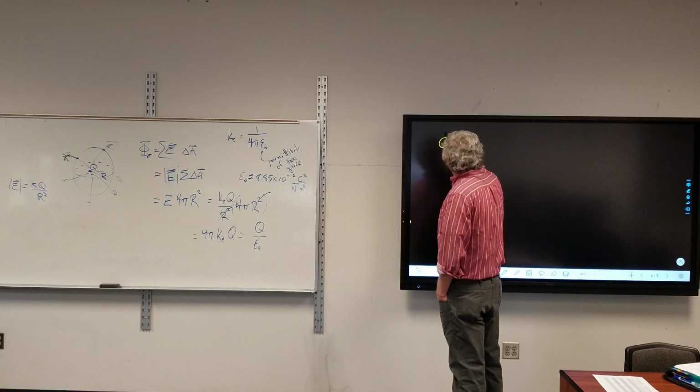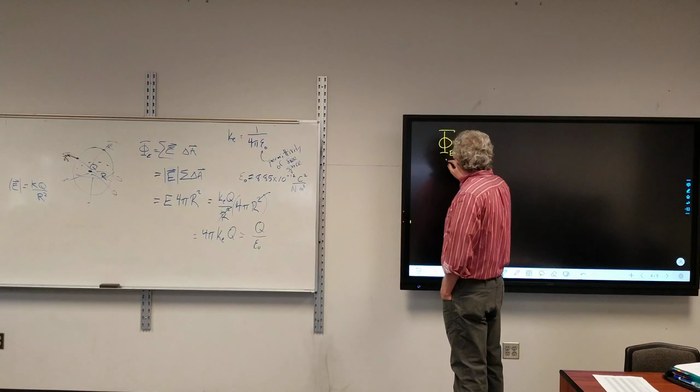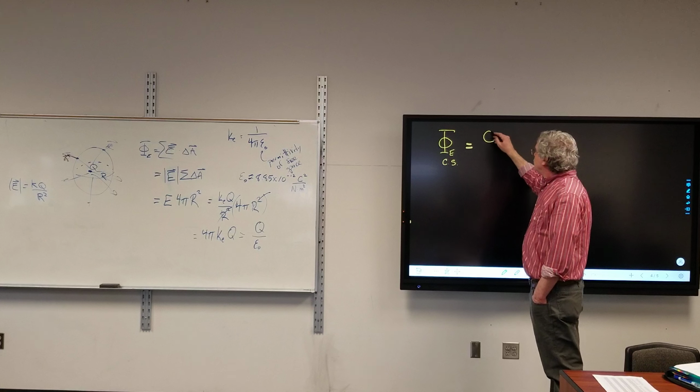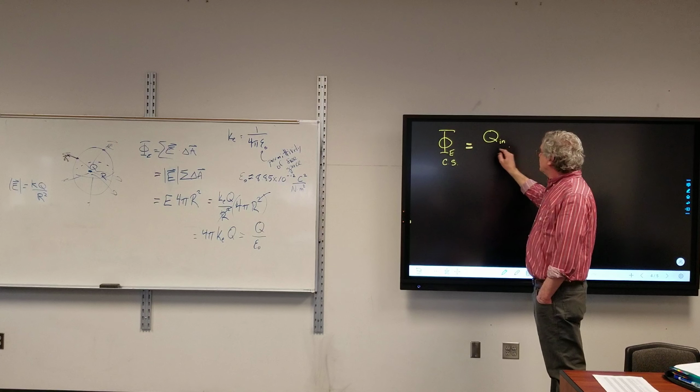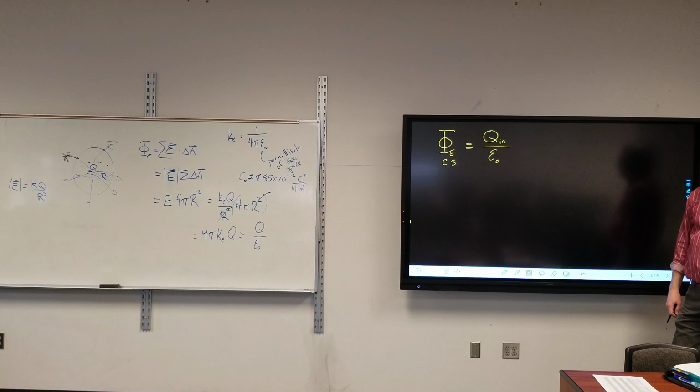If I take my electric flux through a closed surface, CS for closed surface, it is equal to the charge inside divided by epsilon sub 0. What is the IN?